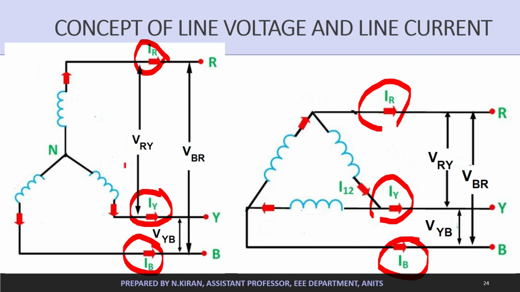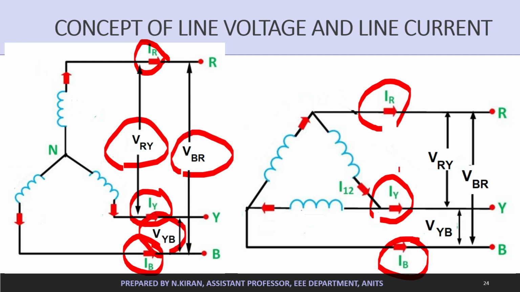Similarly, VRY, VYB as well as VBR, in both star connection as well as delta connection, are the voltages existing between any two lines, that is either R and Y, or Y and B, or B and R, and such voltages are called line voltages.